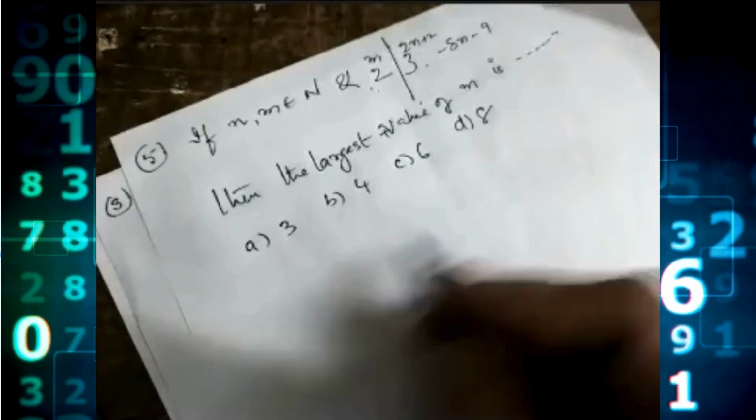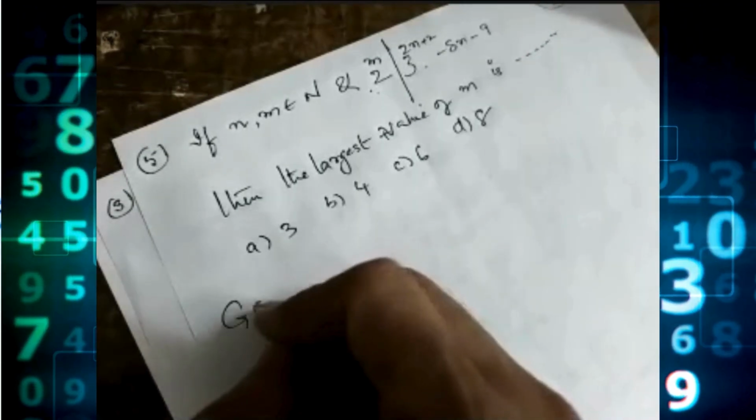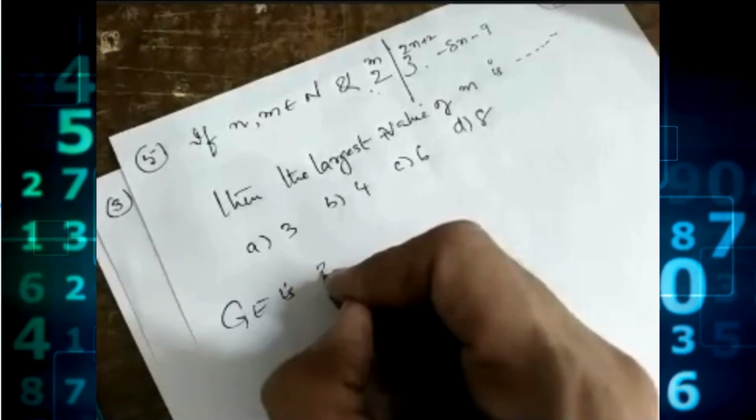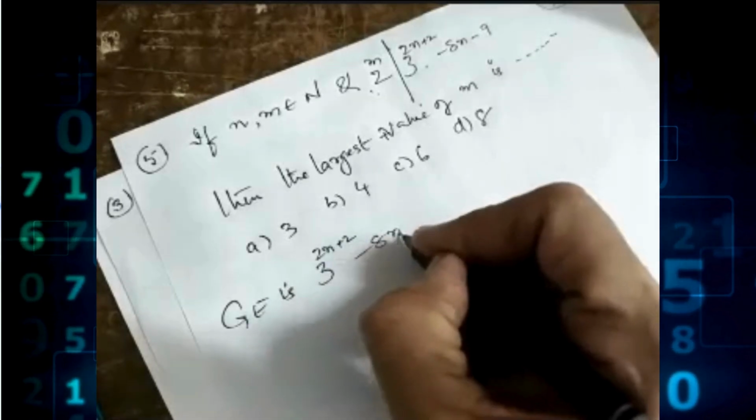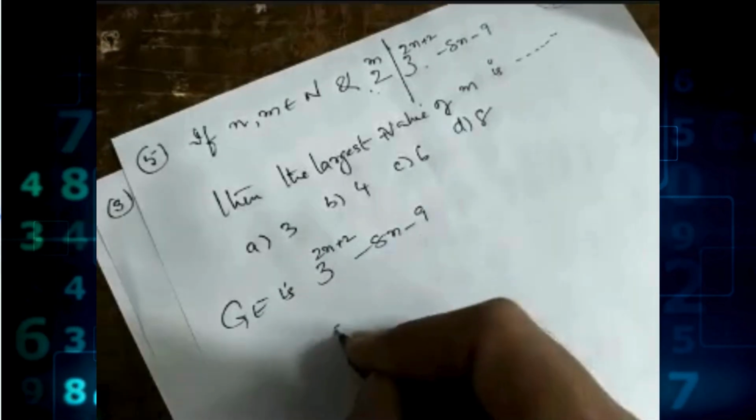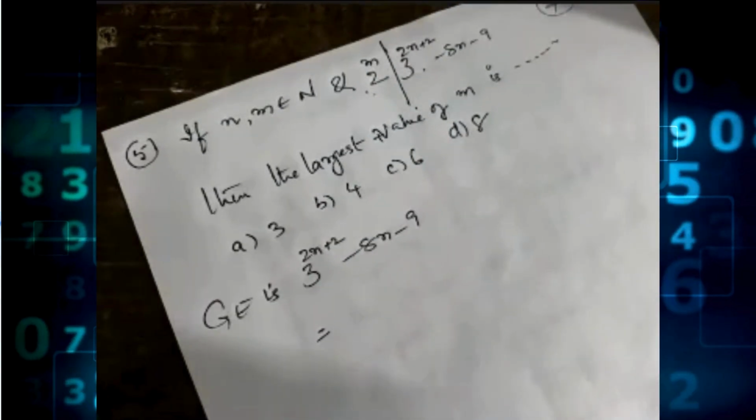So the given expression is 3 power (2n plus 2) minus 8n minus 9. Here you have to think of the necessity.